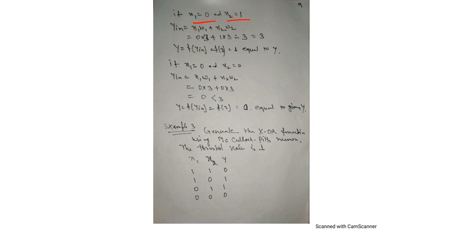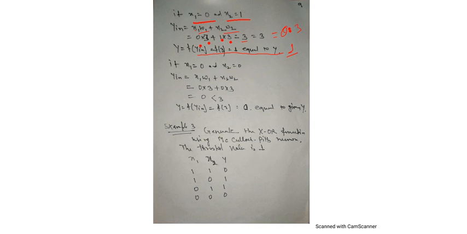What happens? x1 is 0 and w1 is 3, x2 is 1 and w2 is 3. How much did we get? We got 3. Again this is equal to the threshold value, that is 3. So what will we get? We will get the value y as 1. So this case also matches.